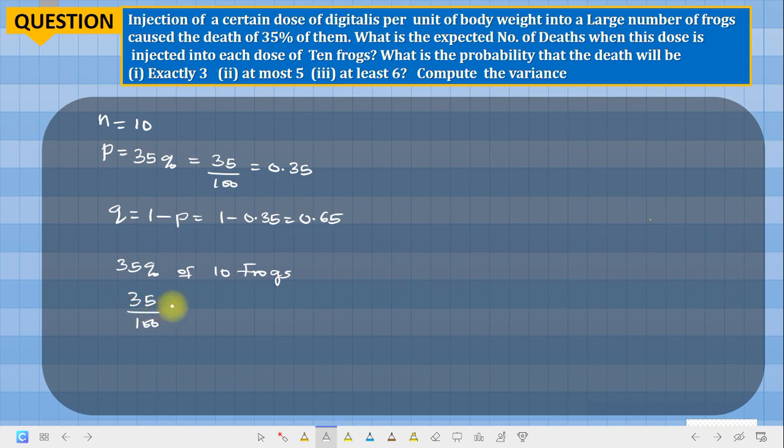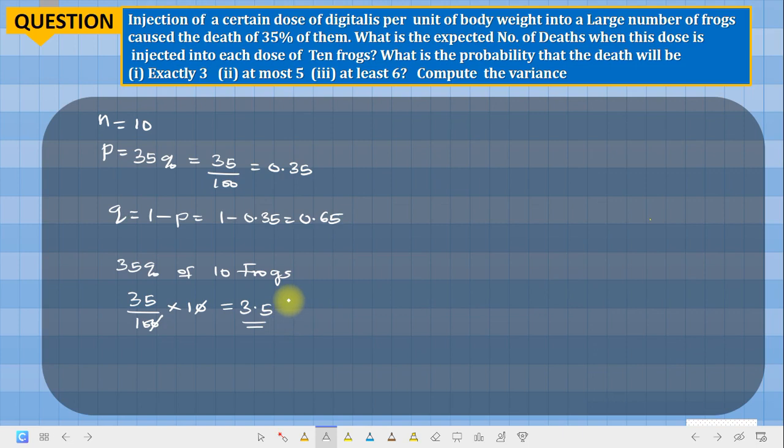Over 100 times how many frogs? 10 frogs. 10 cancels, 0 cancels 0. We are left with 35 divided by 10. 35 divided by 10 is 3.5. So 3.5 of them are expected to do what? Die if you inject them into what? 10 frogs. Are we getting it now?